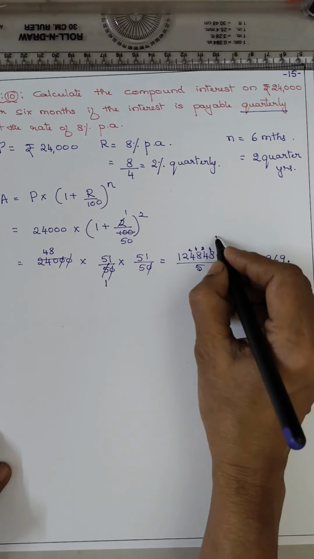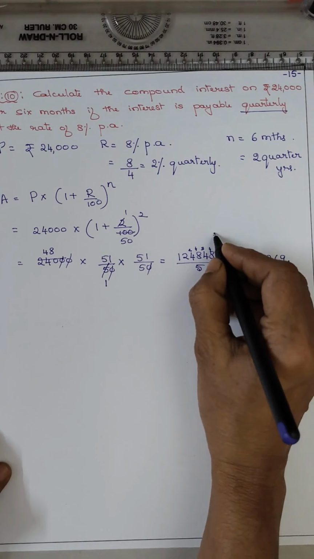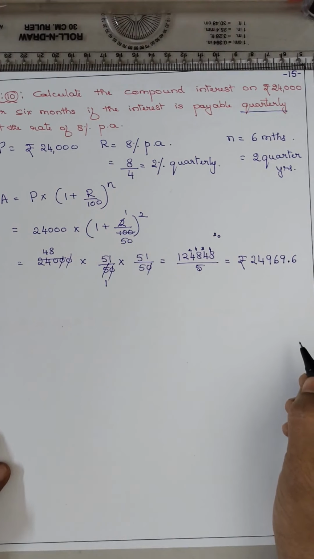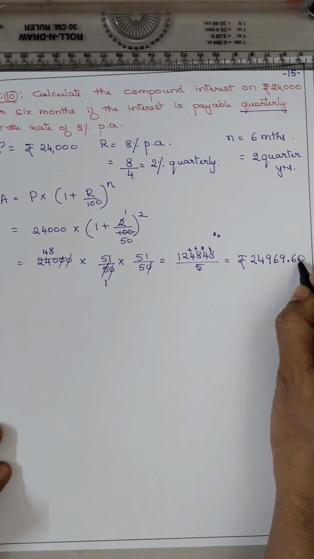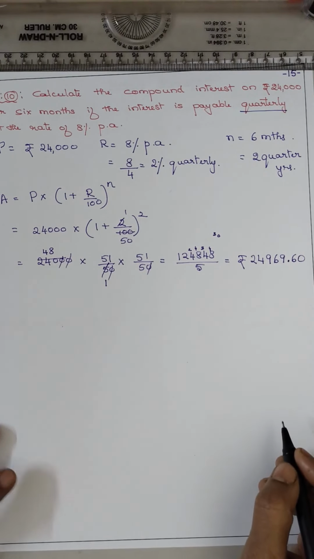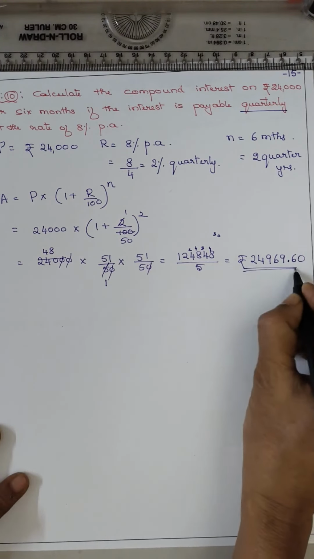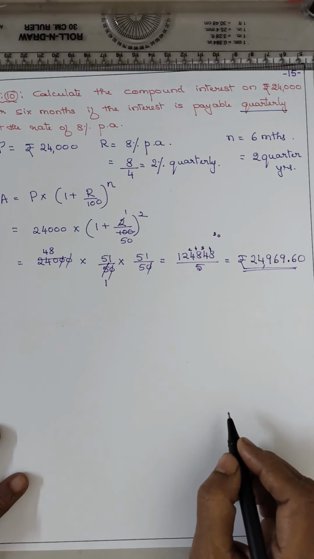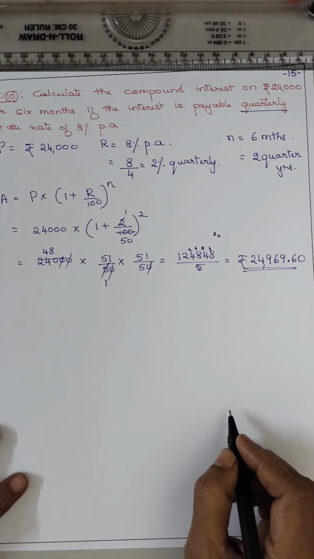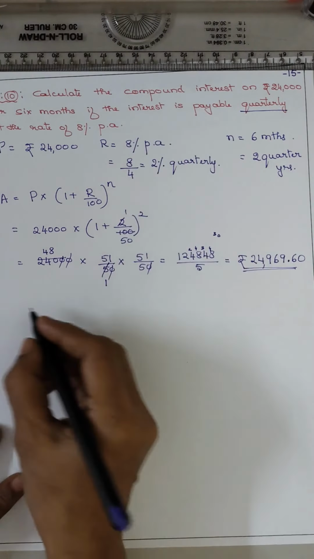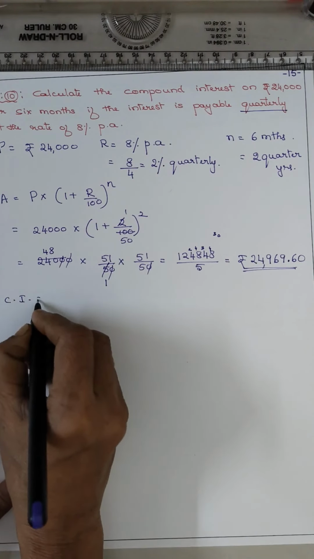Put the decimal, it is 45. 3 remains, take extra 0. So you will get 6. So in rupees we have rupees and paise, 2 decimals, isn't it? So you got 24,969.60. That is the amount, but they have asked compound interest.